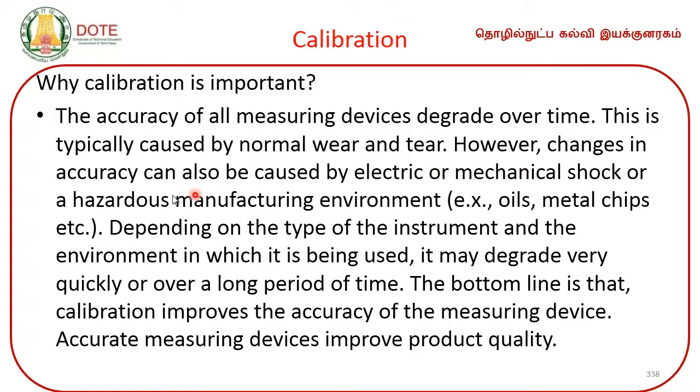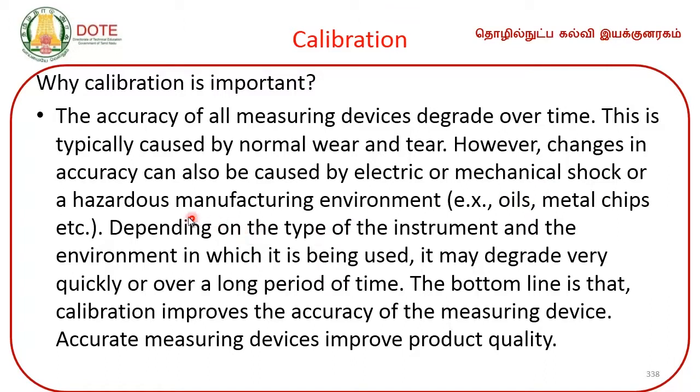However, changes in the accuracy can also be caused by electrical or mechanical shock. Maybe due to mechanical or electrical shock, there may be a systematic change in the instrument, maybe in the spring constant. There are so many chances, right?